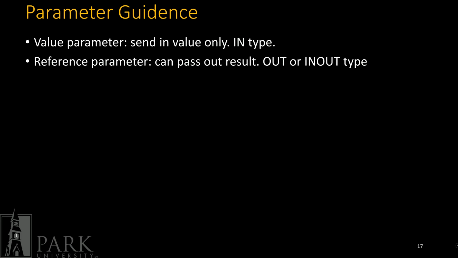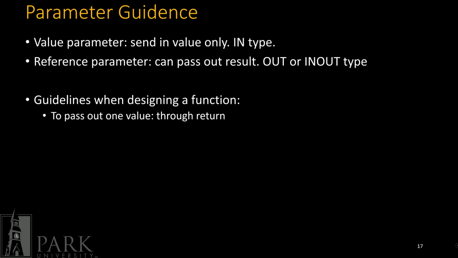So why does all this in-out stuff matter? Well, it helps us pick the proper parameter type and implementation when we're talking about structured design. Here are some general design guidelines when working with functions. If we need to pass out a single value from a function, set its return type and use the return statement.